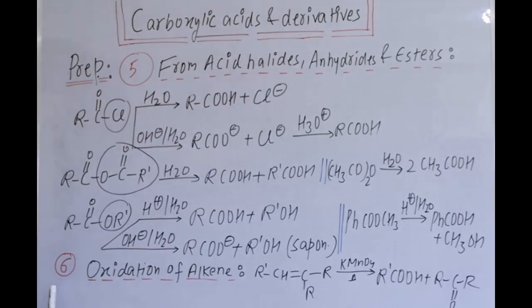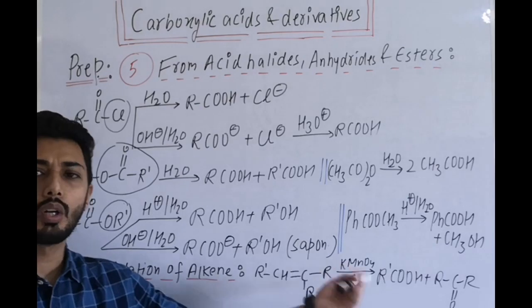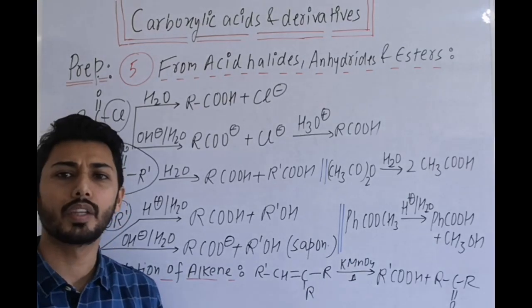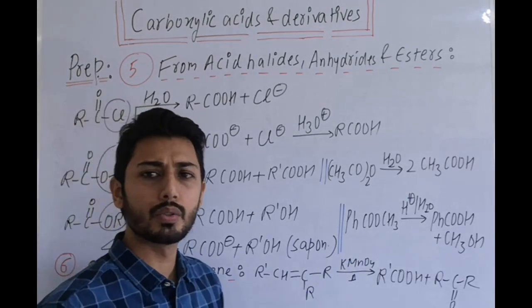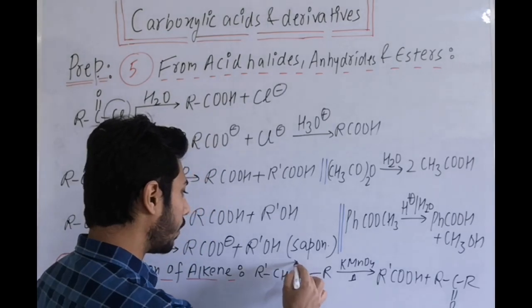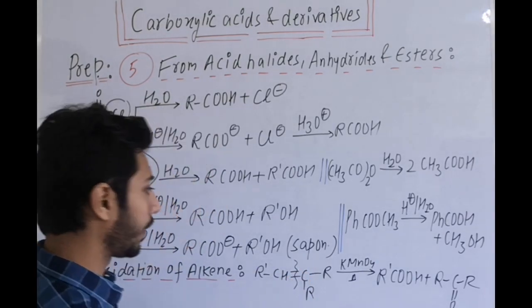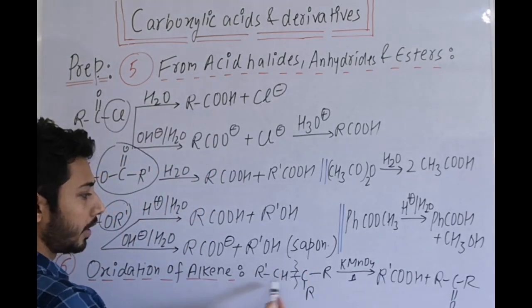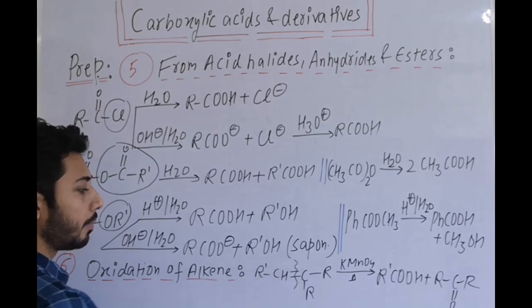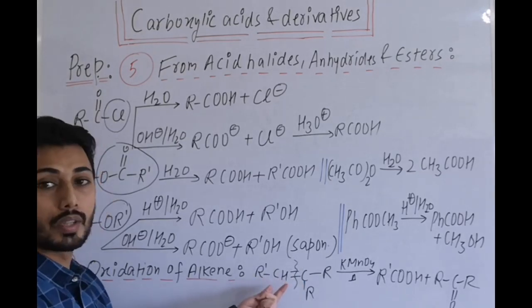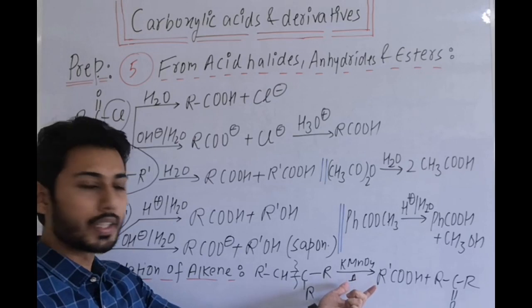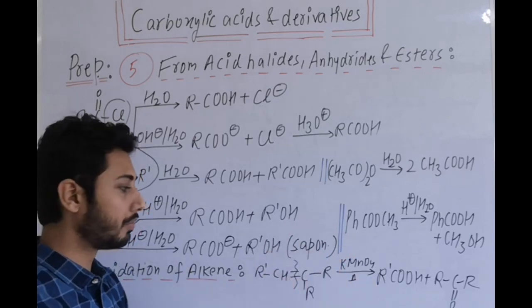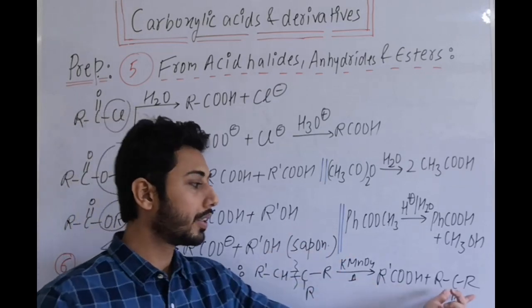The next reaction is oxidation of alkene, by which we can also get carboxylic acid. We can use strong oxidizing agents like KMnO4, Jones reagent, or dichromate. This bond will be cleaved and this part will give R-COOH. Why? Because aldehydes are not stable with a strong oxidizing agent; they go further to acid formation. This other part will give ketone.